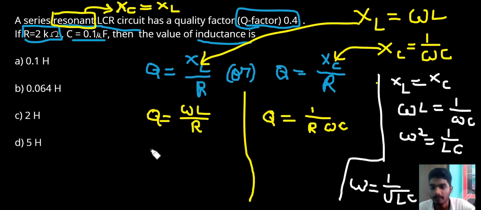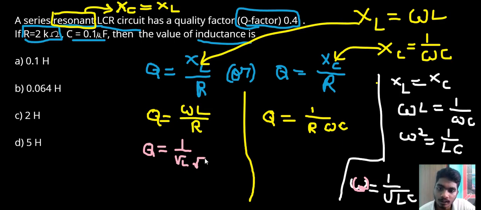Now Q is equal to, what is the value of omega at resonance? Here resonance means omega is equal to 1 by root of L into root of C.